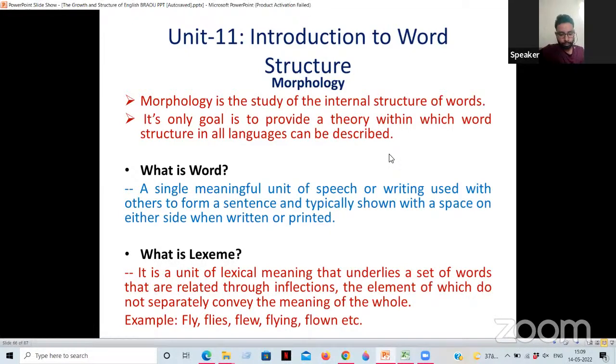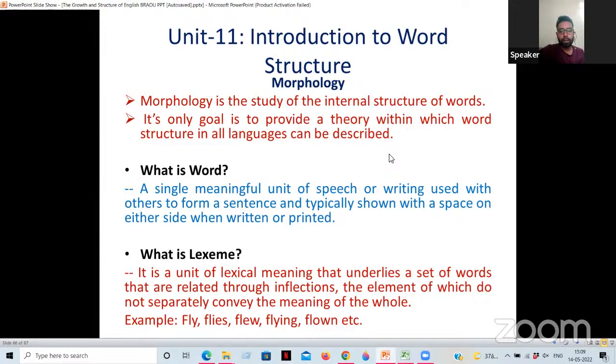Now the study of words or internal structures of words comes under this terminology called morphology. Morphology is the study of the internal structure of words, how a word gets its form, how a word comes into existence, how the letters, sounds or syllables are put together to form a meaningful unit in grammar.